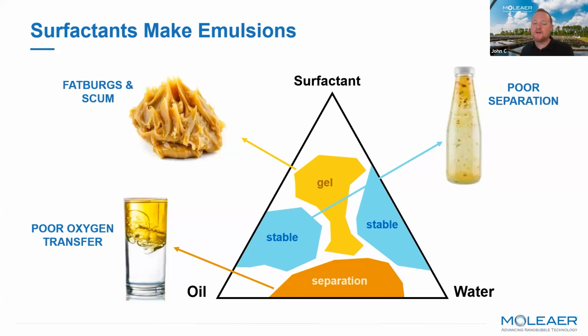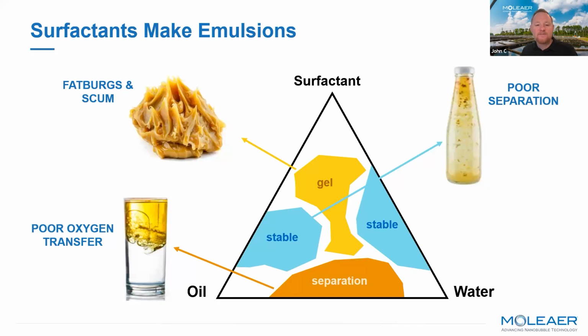So how does this look as the wastewater comes to our plant? Well, this triangle kind of demonstrates the different ways that we can look at surfactants and oil in water. Let's assume that the water coming to our plant stays the same. Let's just look at the changes as we add in more surfactant.